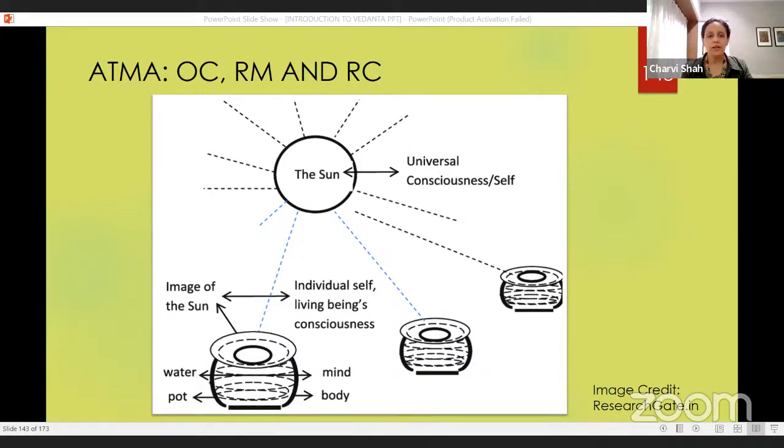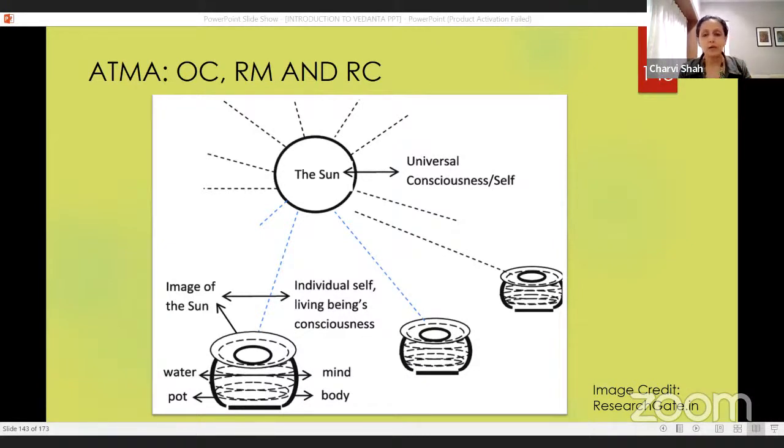It is the reflection of the original Ananda which is seen in the mind, which we experience in our mind in the form of happiness.